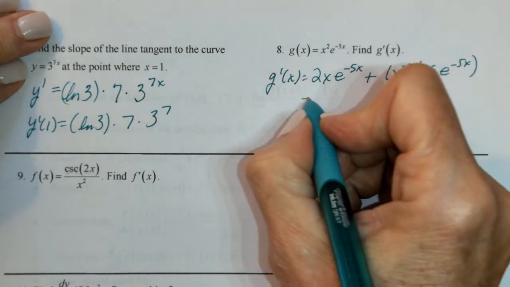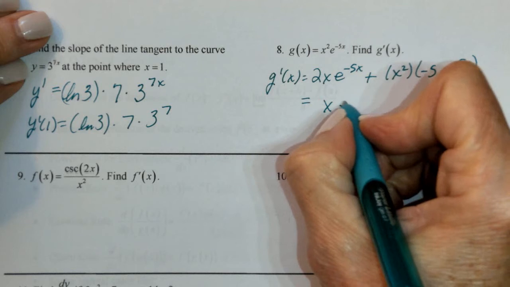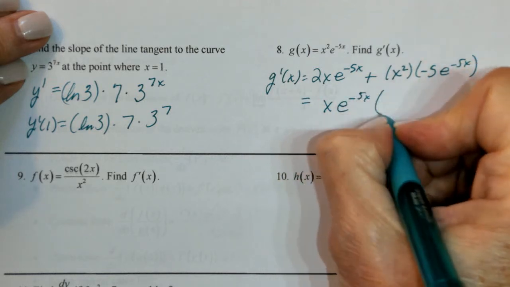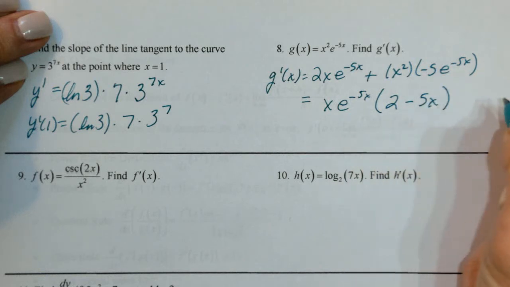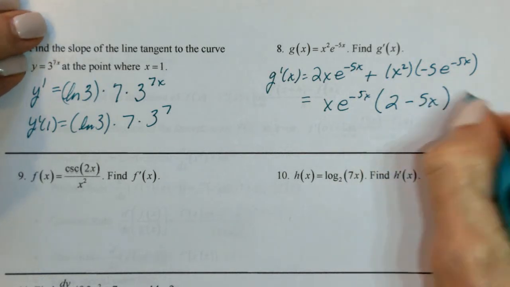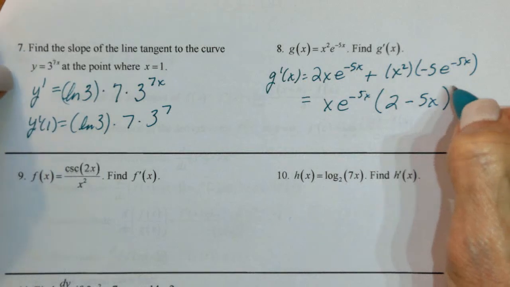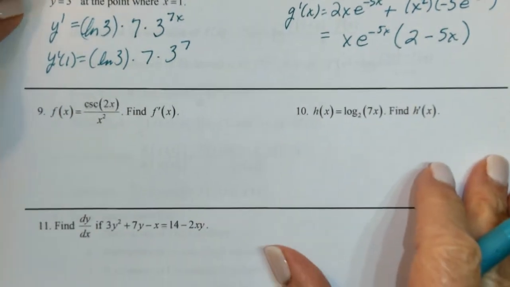To clean this up, they might take out an x, and they might take out that e to the negative 5x. We'd be left with a 2 minus 5x, and that is a simpler looking form than what this is, so they would probably do that in a multiple choice question.